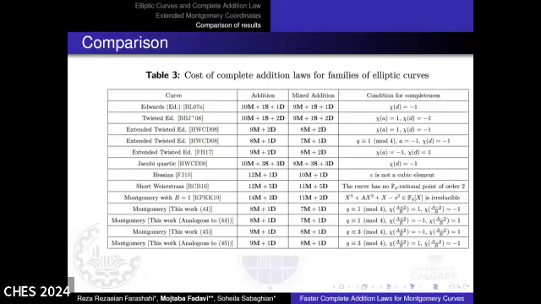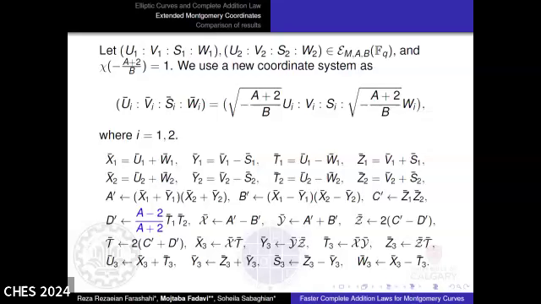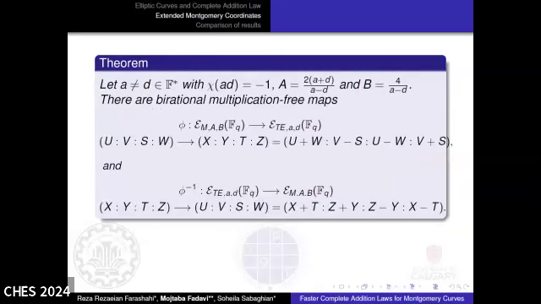Because of this transformation, we need 8 additions for transferring and 4 additions for returning the points back. That's the only difference.